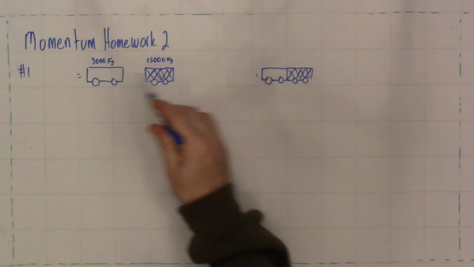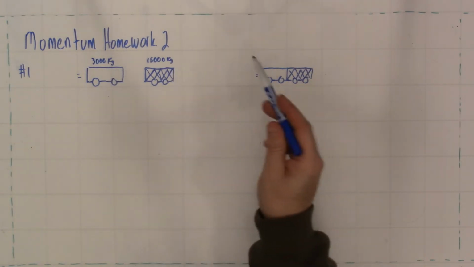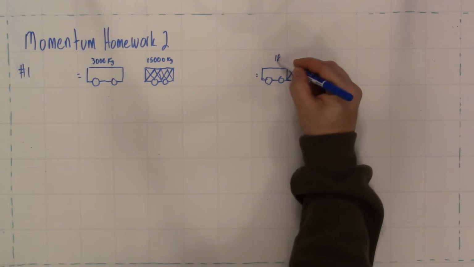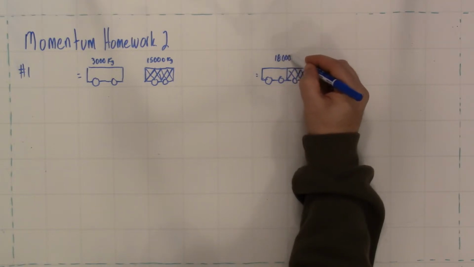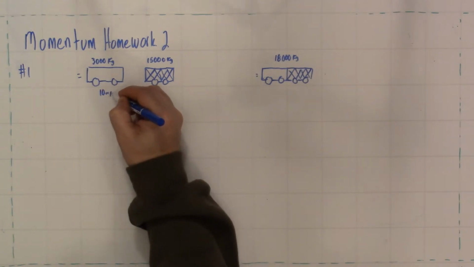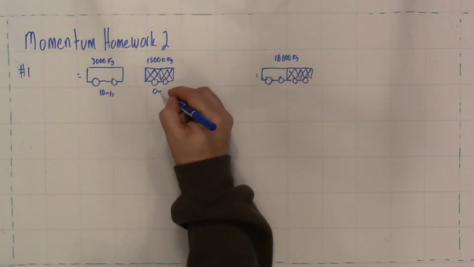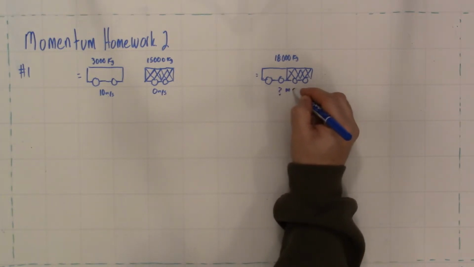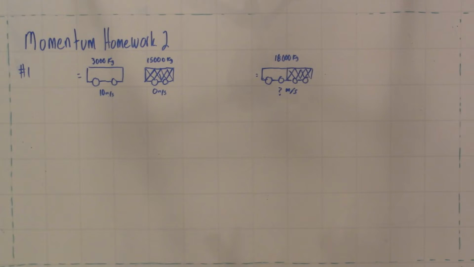But it's a car, so it has a 3,000 on its own, so there's the totals there. And so now the total for this one would be 18,000 kilograms. This one's moving at 10 meters per second. This one's at 0 meters per second. And the question is, how fast is this one moving afterward?